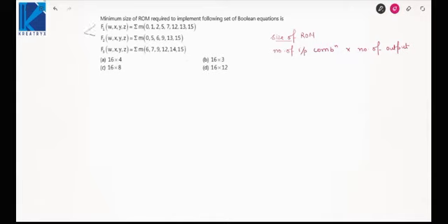We have 3 functions, so we need 3 outputs to implement the following functions. And we have 4 inputs, W, X, Y, Z. That means 16 combinations can be performed for these 4 inputs. So, the size would be 16 cross 3. Remember the logic for the size of ROM: number of input combinations cross the number of outputs.